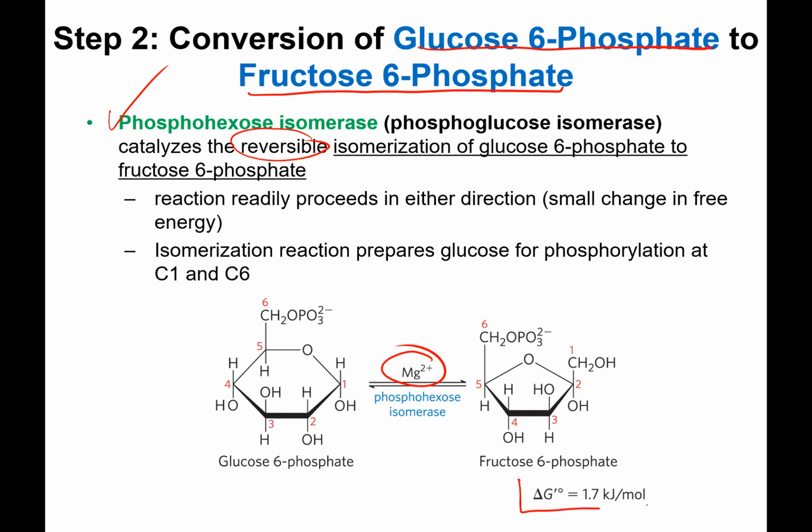And note that this is readily reversible. So that is reflected by a standard delta G that is very close to that tipping point, right? It could go negative, it could go positive, depending on the relative concentrations of our product and reactant, which will dictate whether this is going in the forward direction or backwards. So it's not always exergonic?